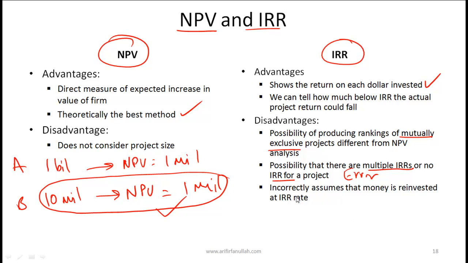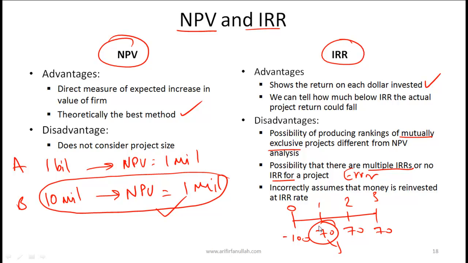Another issue with IRR is that it incorrectly assumes that money is reinvested at the IRR rate. So if you take a simple project like this, where you invest 100 initially, and then let's say that you get 70, and then again 70 at the end of 3 years, the IRR of this project is reasonably high.